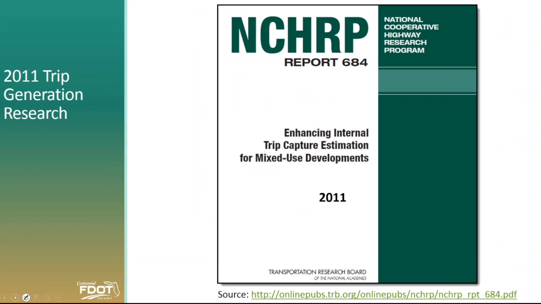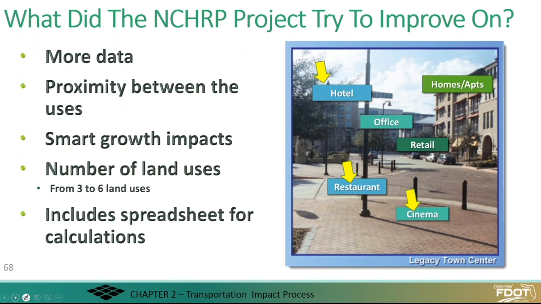In 2011, the National Cooperative Highway Research Program added to the data by spending quite a bit of time, for those of us that followed it, and finished in 2011. They studied 3 more developments, and they added 3 more land uses.